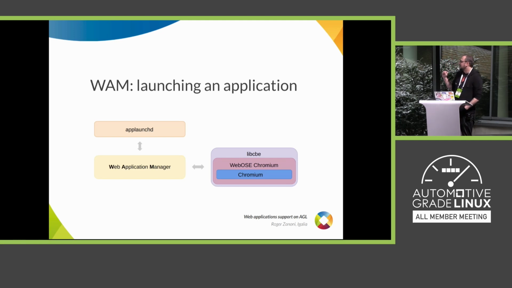The first architecture slide is basically the right side of this one in a simplified version. libcbe is a library compiled from the Chromium code that's used by WAM, and WAM communicates with uplaunchd to launch new applications. Uplaunchd starts a new application by starting system services related to the installed applications, and WAM communicates with it using dbus and gRPC in the future.